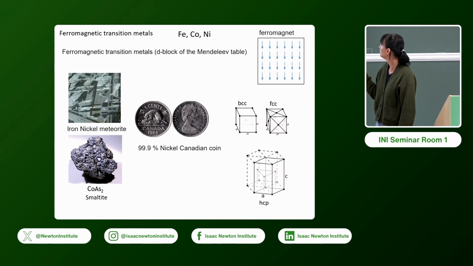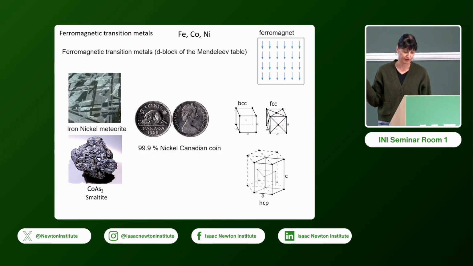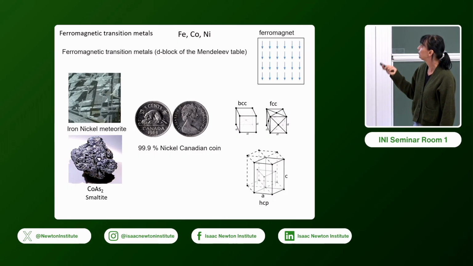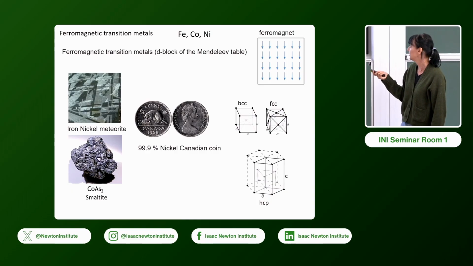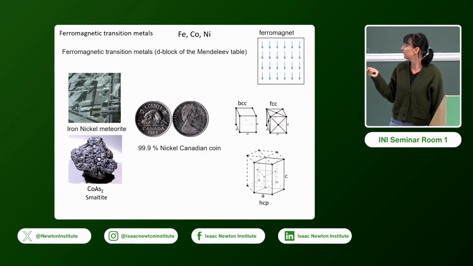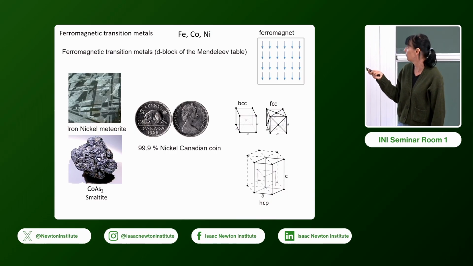They are ferromagnets, which means that there is only one direction for every atom. They could be an alloy of these, or they could be pure. I'll just show some random examples. This is an iron-nickel meteorite, where what you see is iron-rich, nickel-rich and nickel-poor phases.